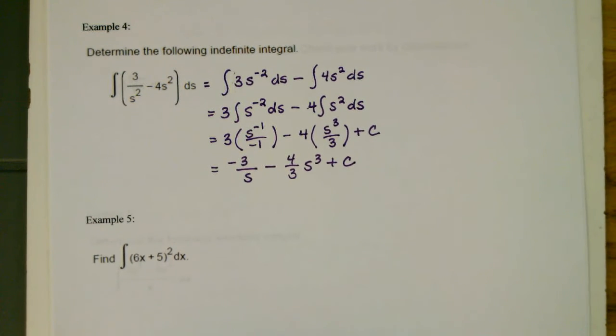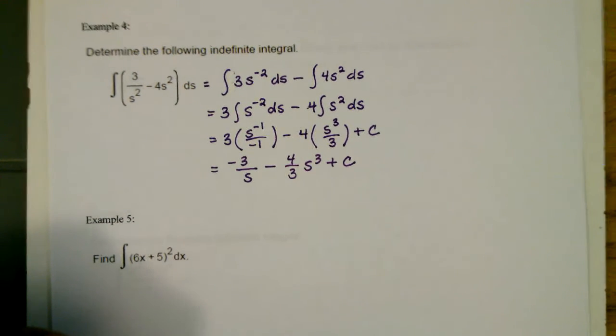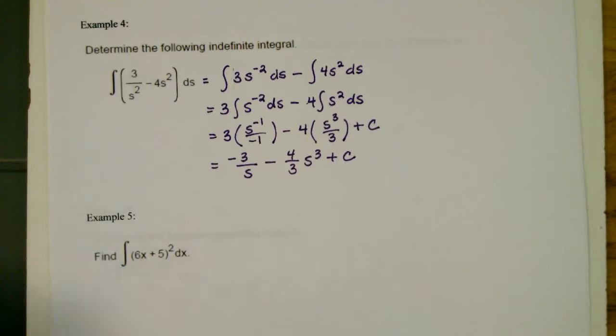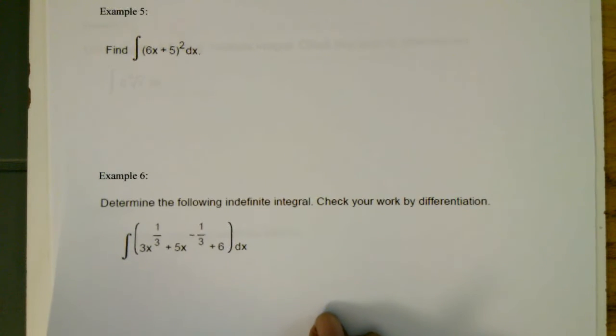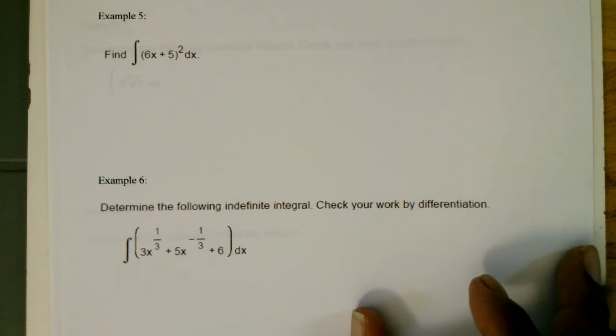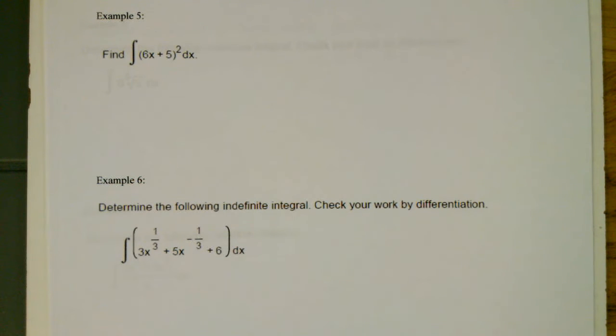All right, now example 5. Here's example 5. Here we've got the integral of (6x + 5) quantity squared dx.